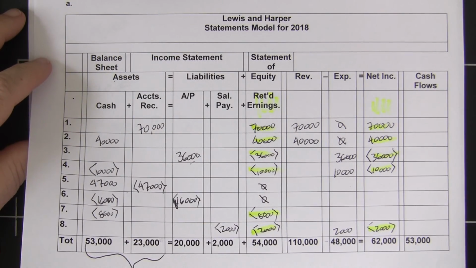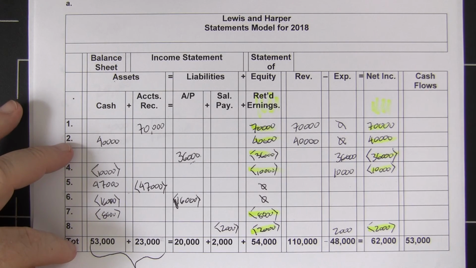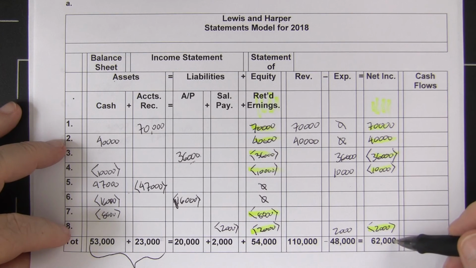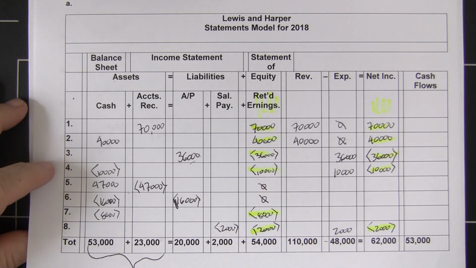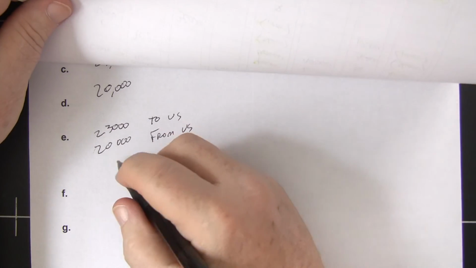Item F is asking us, what is the net income for the period? Two ways you can get that. You can come down this whole column, or you can take the total revenue minus the total expense. Either way, you'll get the same, 62,000, the net income.